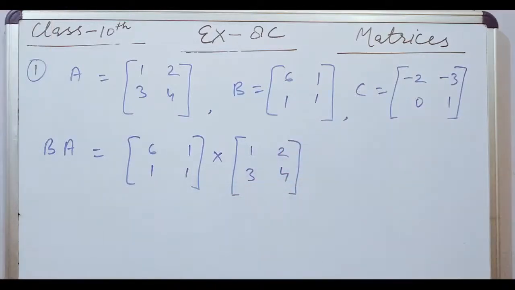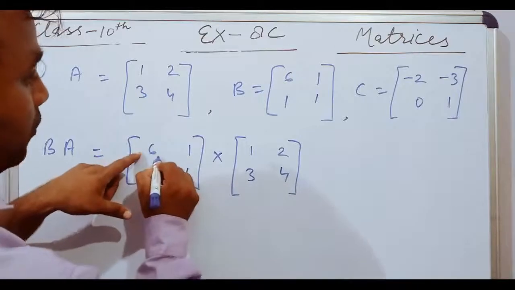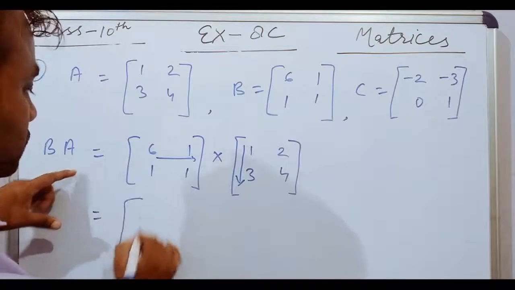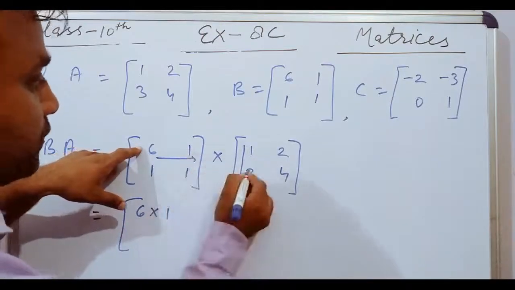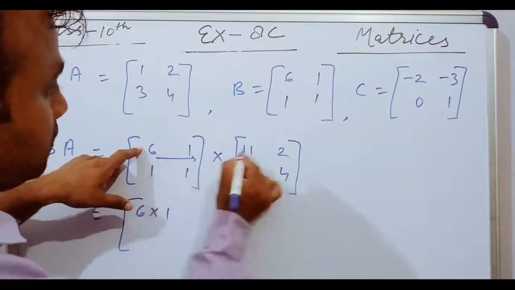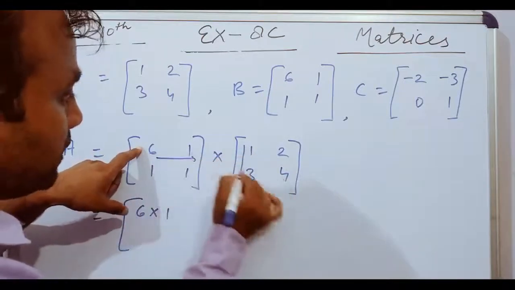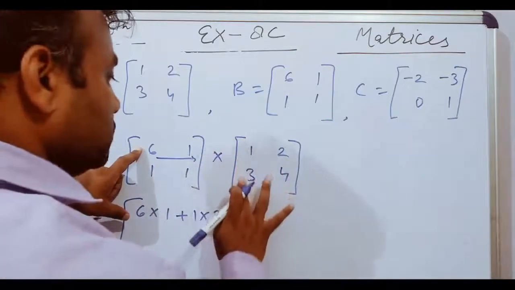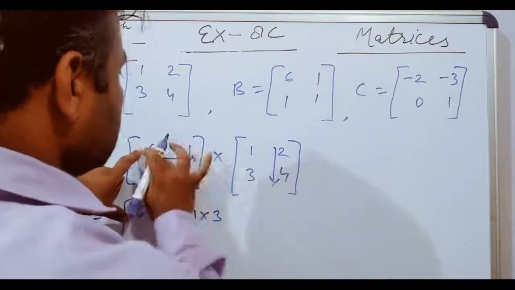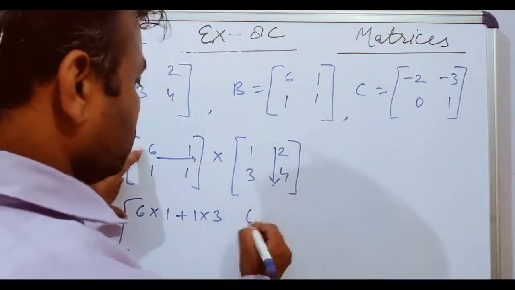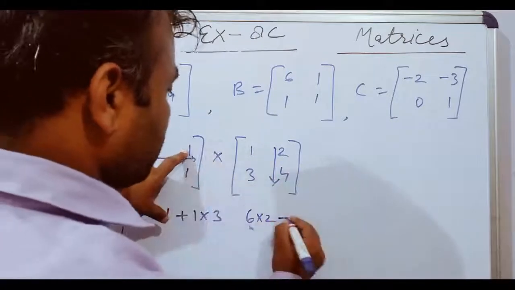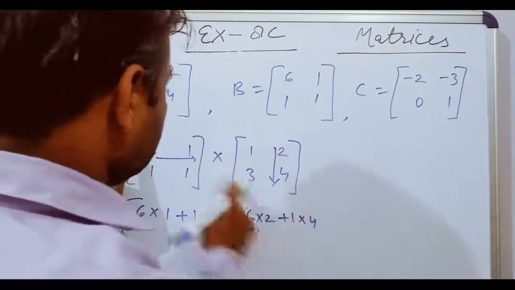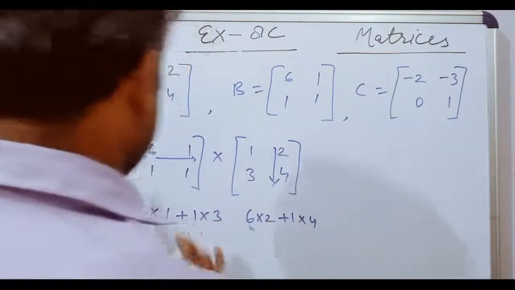Again we will multiply this into this: 6 into 1 plus 1 into 3, then 6 into 2 plus 1 into 4. This plus this, two elements.